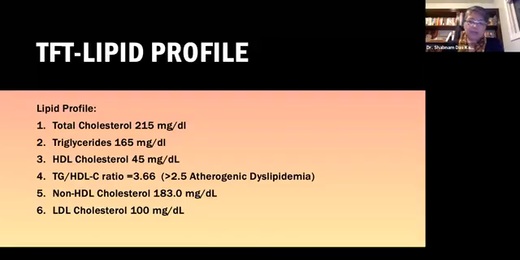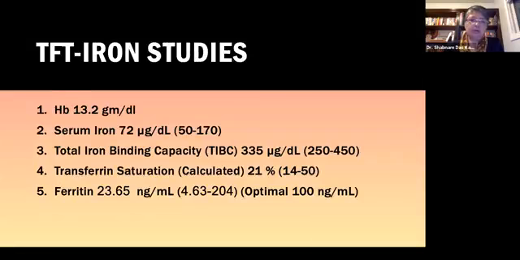I won't have time to go into details in all of that. But you notice that because her triglycerides are high, her TG by HDL-C ratio is high. So if we want to bring down that ratio, we have to reduce her triglycerides. And triglyceride is related to insulin resistance. So that is important to bear in mind.